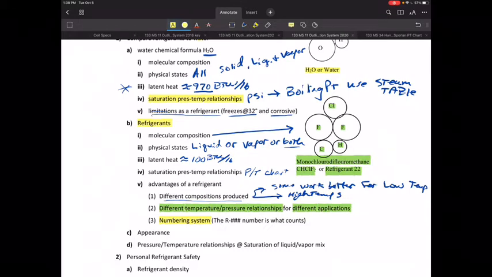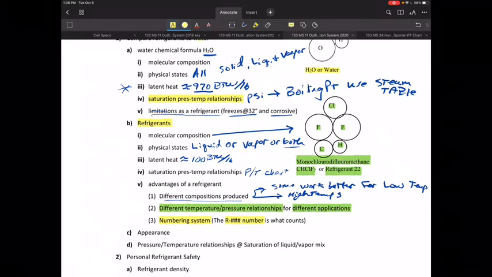That R dash number, whether it's 134A, 410A, 404A, or 507, is what really counts for our system. That's what tells us more information about the refrigerant.